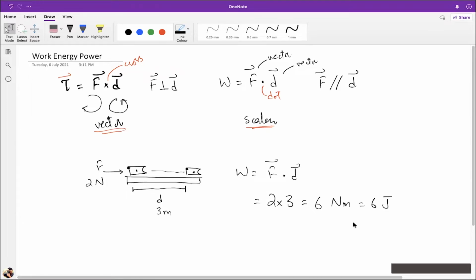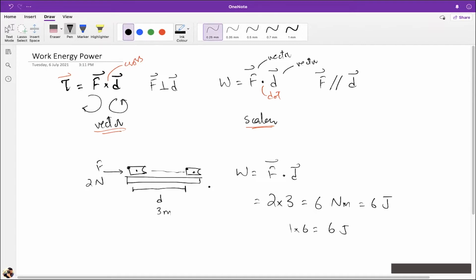As long as the overall 6 joules is there, that implies that's what it is. Now, something that had a force of 1 Newton could move things 6 meters away, because 1 times 6 is also 6. So that would also mean 6 joules. So two things with different forces but different displacements can have the same work. And that's very much possible.